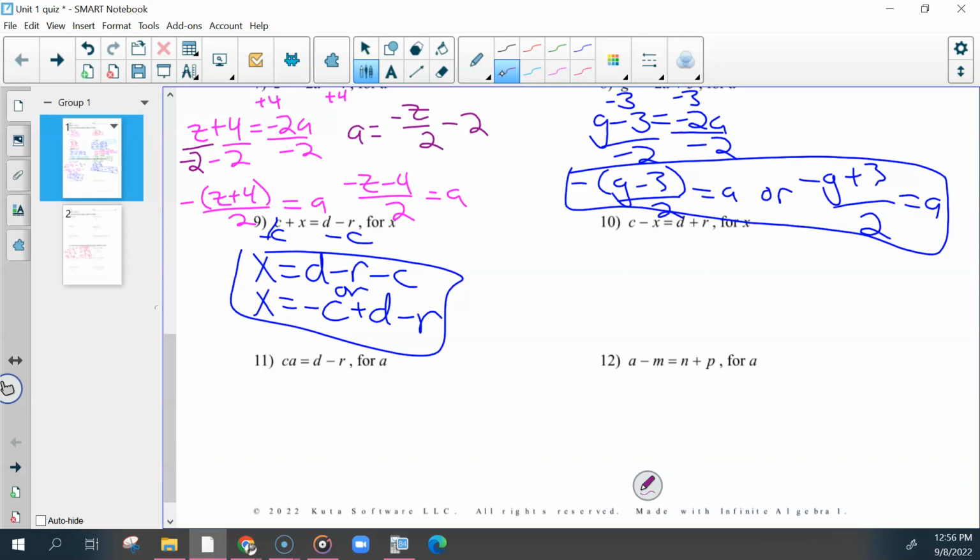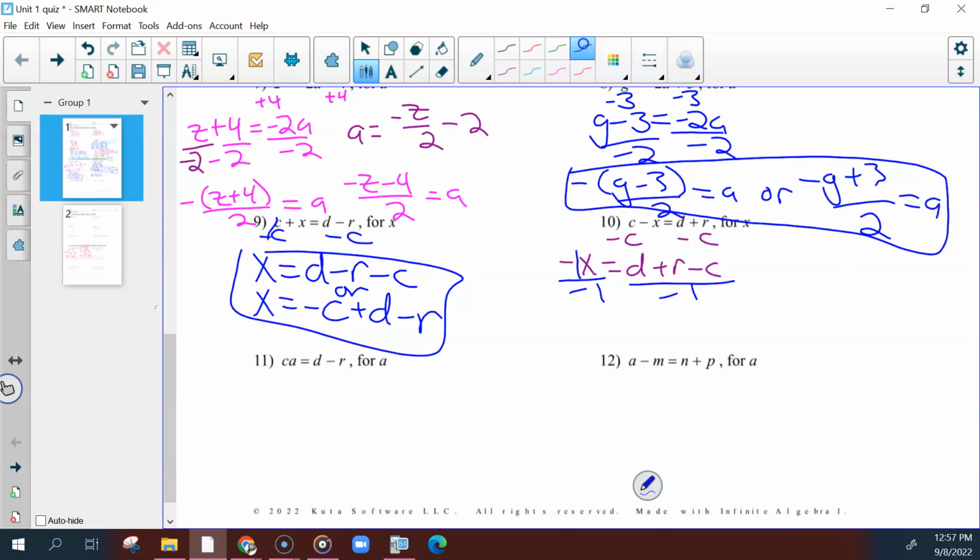For 10, there were 2 different ways to go about it, kind of similar to those. One, get rid of c by moving it to the other side. But some of you did this and then forgot the negative. So you still have to bring down your signs. It would not be by itself. So in order to get rid of that negative, we have to divide both sides by negative 1, and your signs would change.